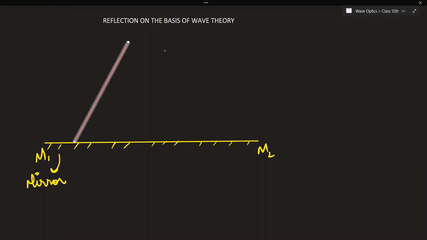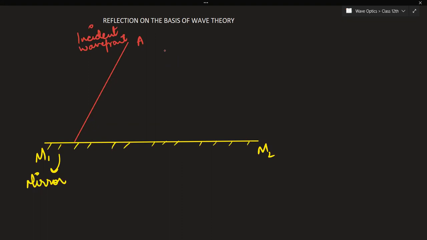This is the incident wavefront. Fine. Let's say this is point A. Now see what will happen. Reflection will occur. This is the incident wavefront.